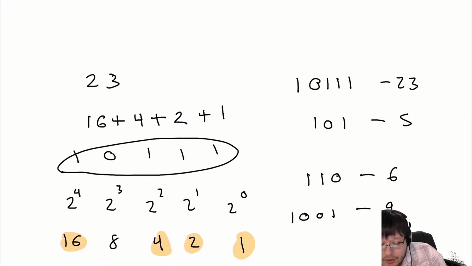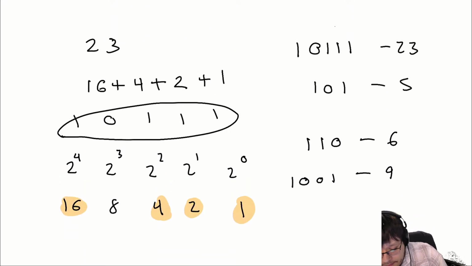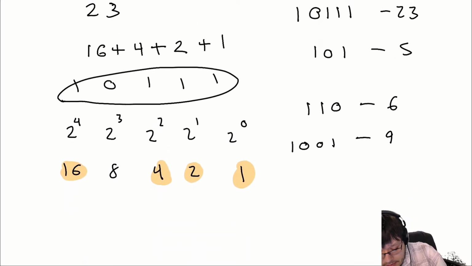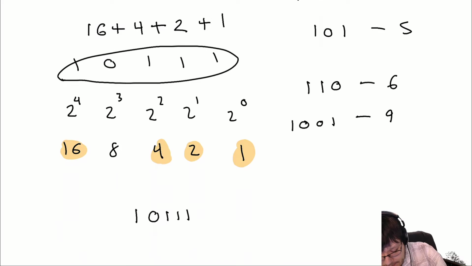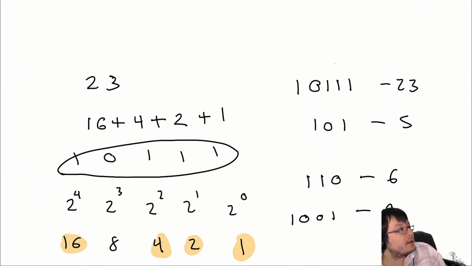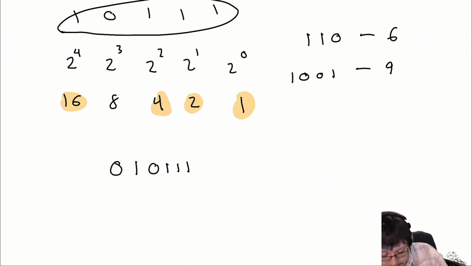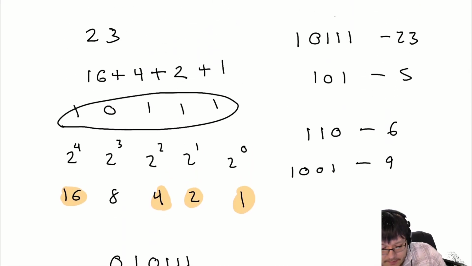So we're going to do 23 times 5. Basically, let's just throw them in. So 1, 0, 1, 1, 1, and I wonder if that is something we have to consider. We want to throw at least a 0 here, otherwise it might think it's a negative number.